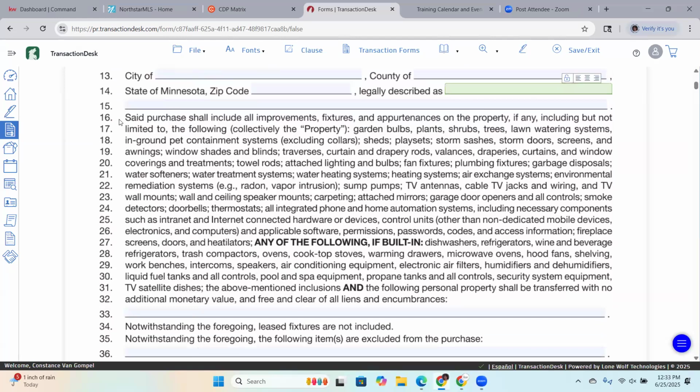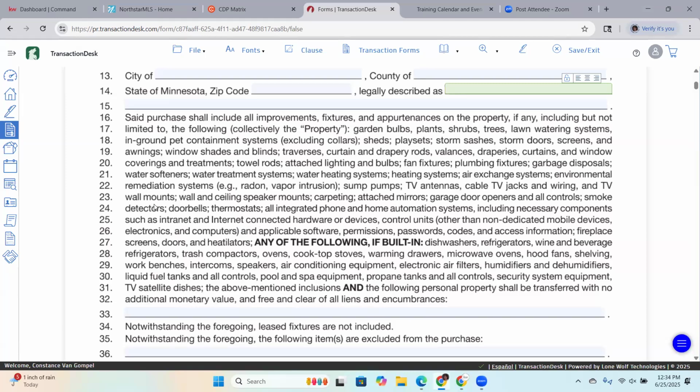In here, it is saying everything that is included from the house that should be there. So for instance, window shades are supposed to be, if they're in the house, they should be there on the closing day. If someone has special curtains that they want to take down, the agent should have that listed somewhere or informed you ahead of time that those are going to be removed. Same thing with TV wall mounts.